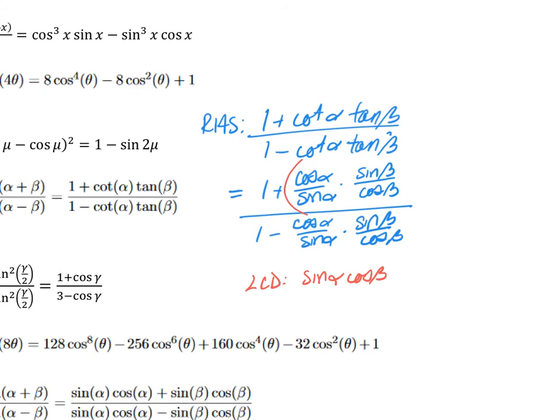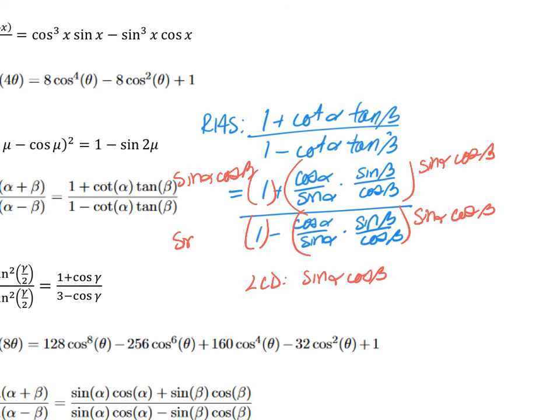So I'm going to multiply this by the sine alpha cosine beta, this by the sine alpha cosine beta, this number 1 by the sine alpha cosine beta, and this number 1 by the sine alpha cosine beta.